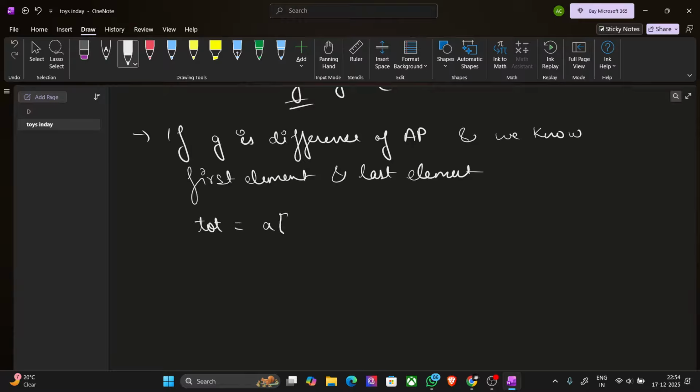The total number of elements will be equal to last minus first, divided by difference, plus 1. This gives us the total number of elements in the AP.